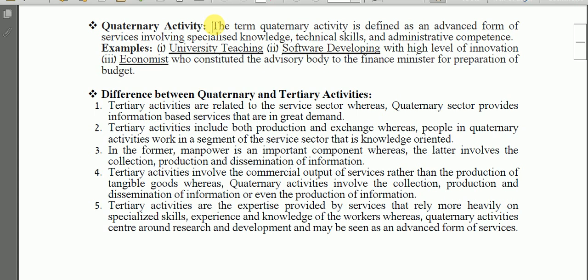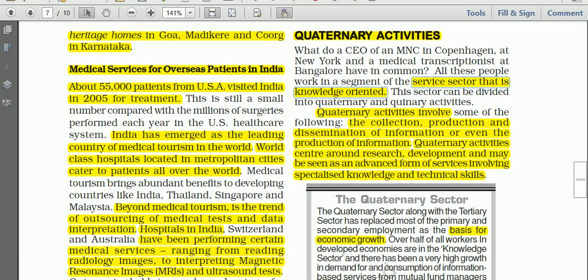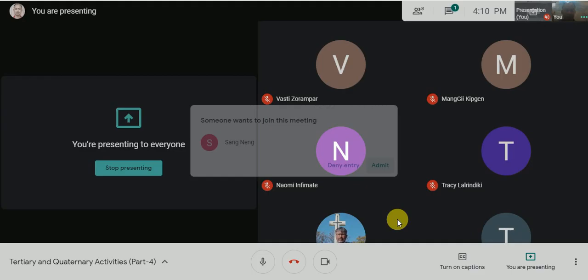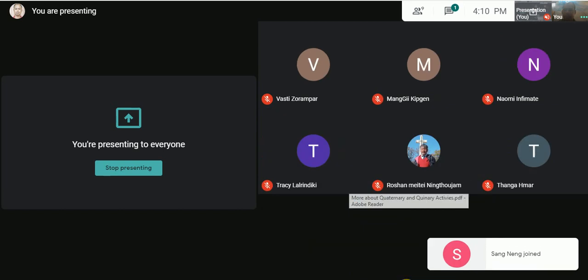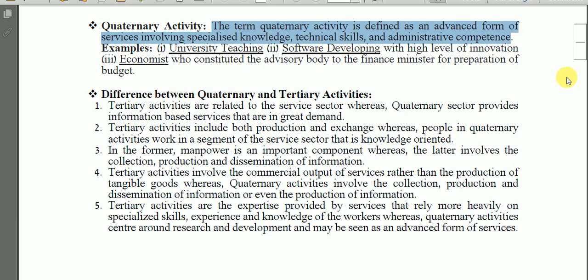The term quaternary activity is defined as an advanced form of services involving specialized knowledge, technical skills, and administrative competence.